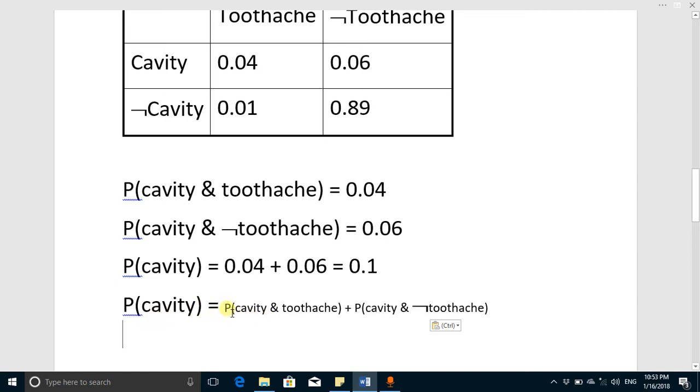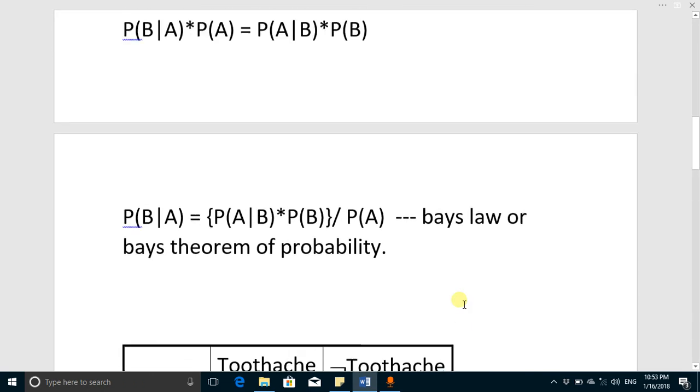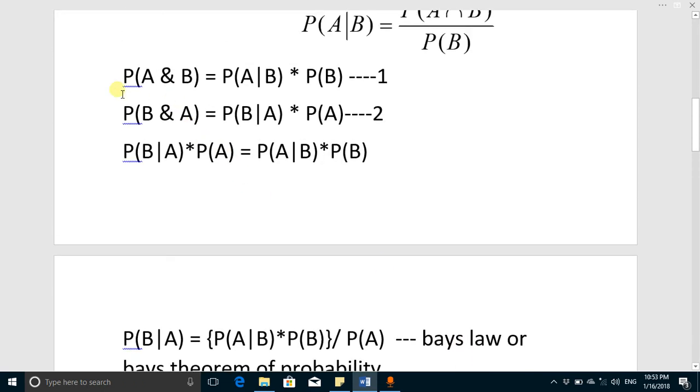Next we can represent this equation in some modified way, and that would be if we use the formula that we derived earlier, and that is this formula. Let me copy this formula here.